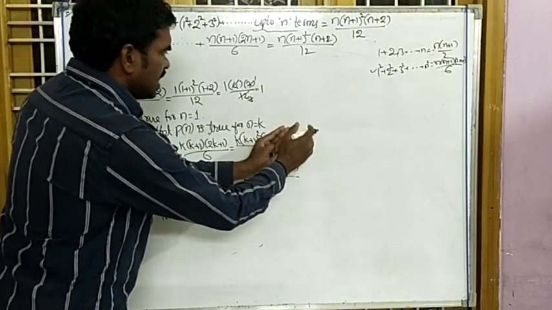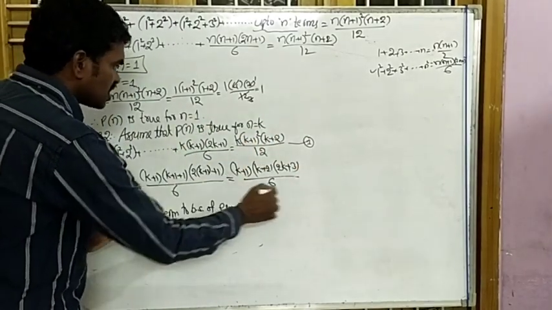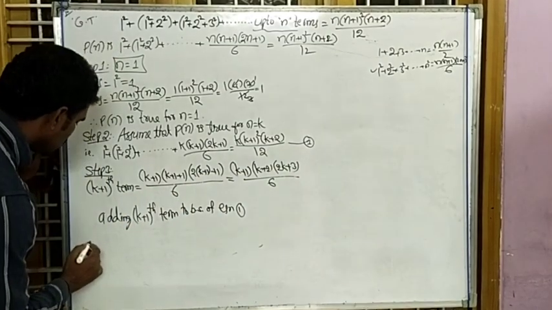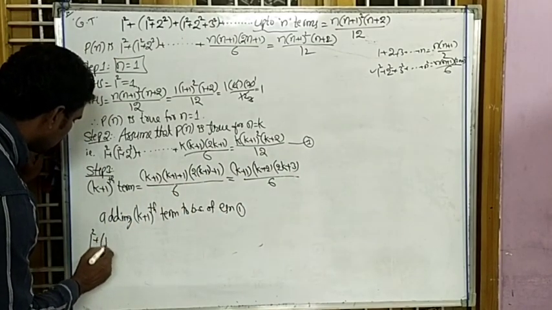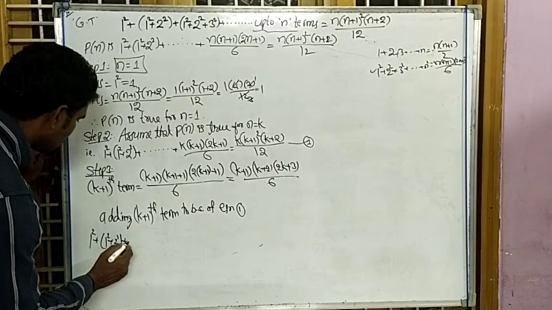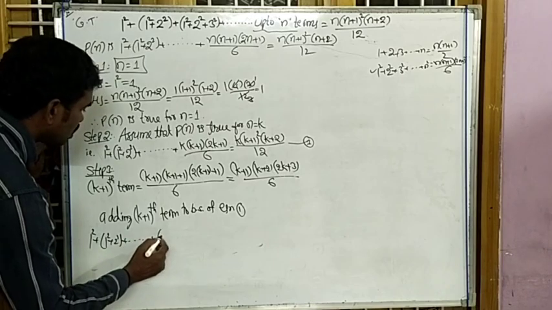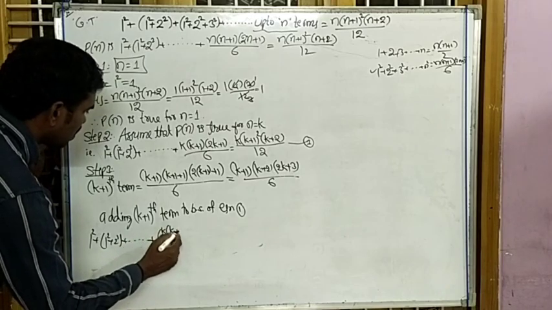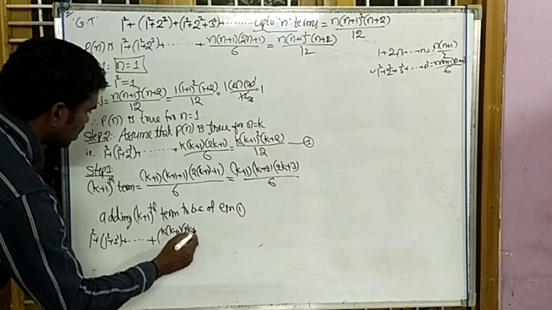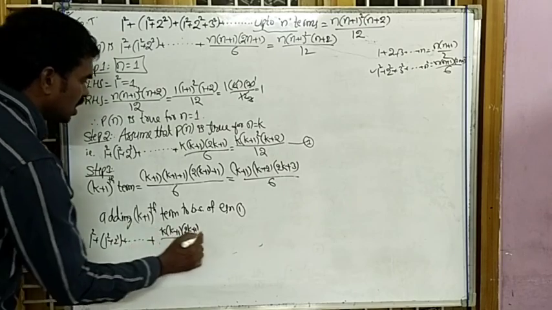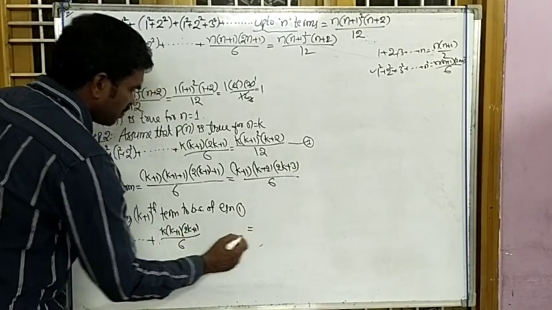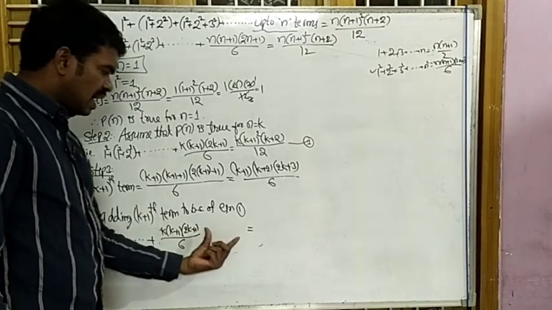Left side and right side, add this k plus 1th term. So 1 square plus 2 square plus so on plus k into k plus 1 into 2k plus 1 by 6 is equal to, I am giving some space because something will be added here.